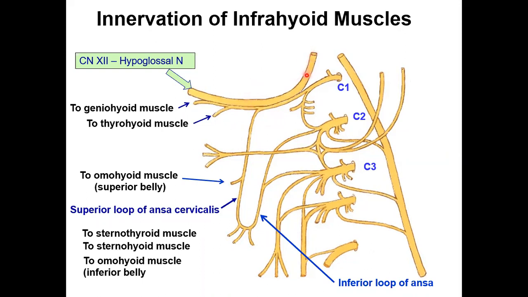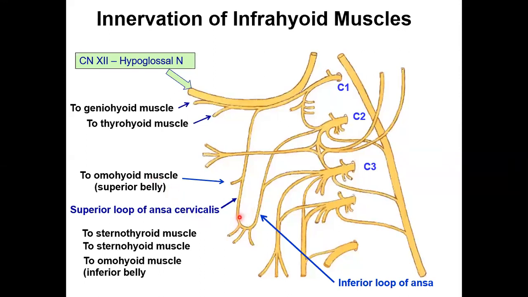So again, here was that hypoglossal nerve I mentioned before. And then from C1, you can see nerve to the thyrohyoid muscle and nerve to the geniohyoid muscle coming off of this area. On our superior loop coming down, you can see the nerve going to the superior belly of omohyoid.